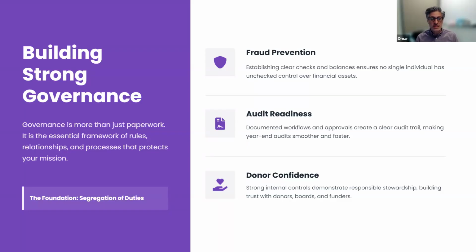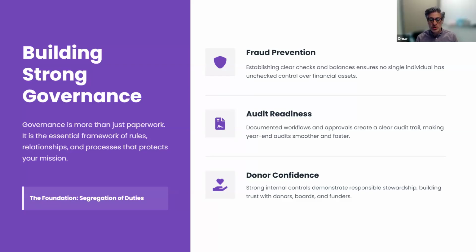A few key considerations with respect to building strong governance would be fraud prevention, so establishing clear checks and balances to ensure that no single individual has unchecked control over financial assets. Audit readiness, so documented workflows and approvals, and ultimately driving donor confidence.